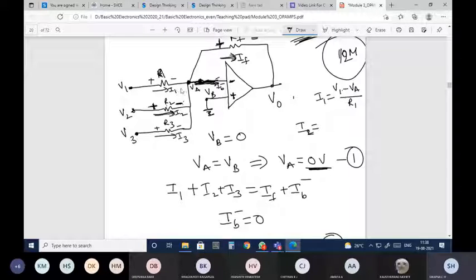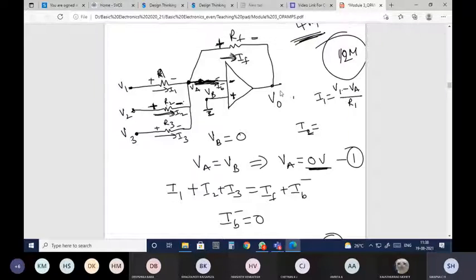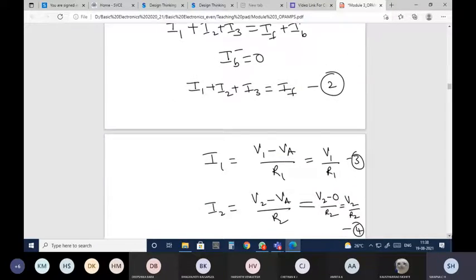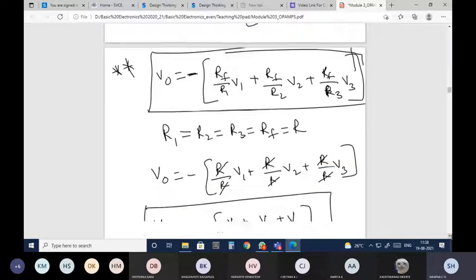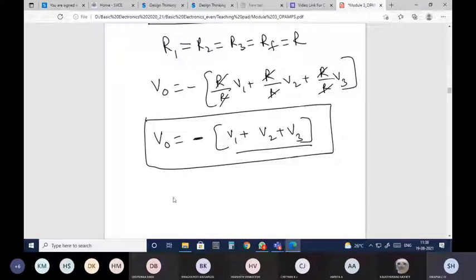That is the reason whenever you give input to the inverting terminal, the output will be inverted. In the sense, it will have a 180 degrees phase shift. That 180 degrees phase shift is denoted with this negative sign. Hope this is clear to all of you.